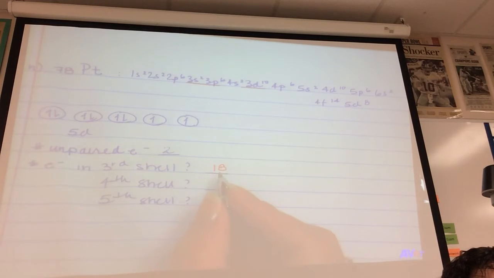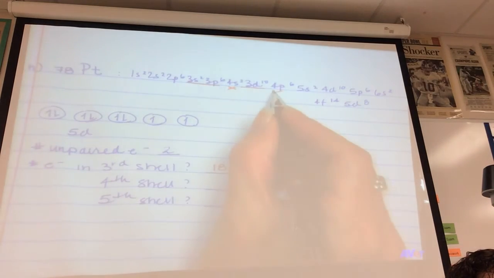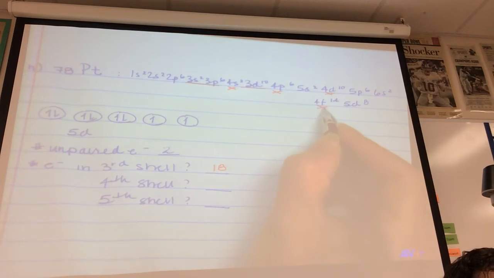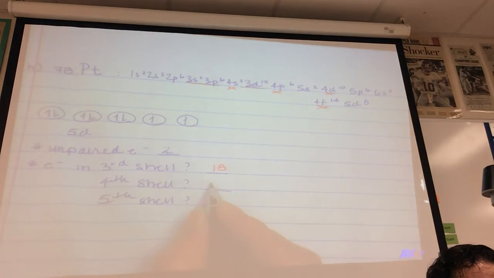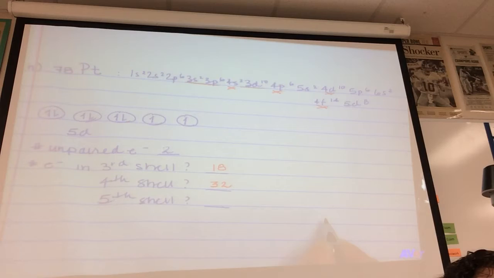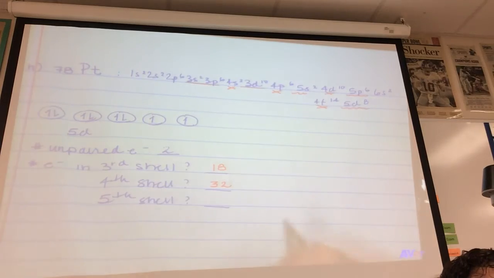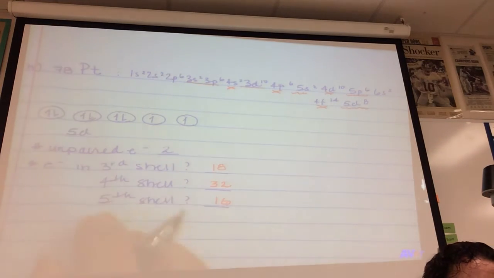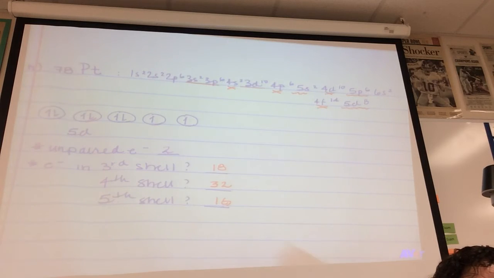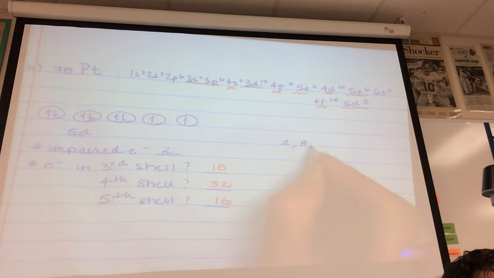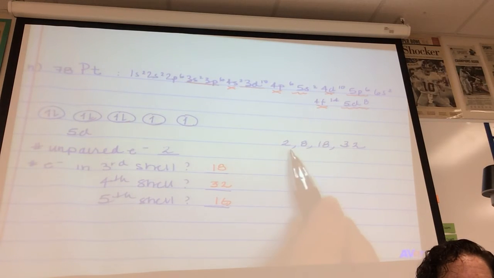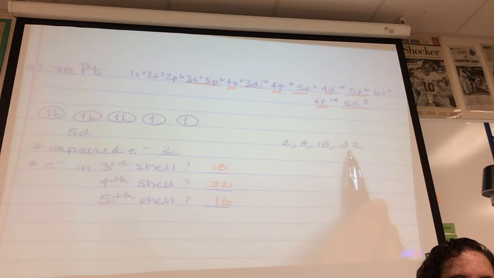How many electrons in the fourth shell? How many electrons in the fifth shell? Now the fifth shell is not complete, but remember you learned about 2, 8, 18, and 32? Maximum number of electrons in the first, second, third, and fourth shells respectively, and that's where it comes from.